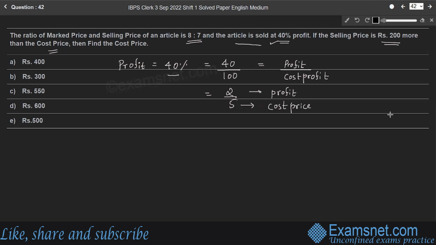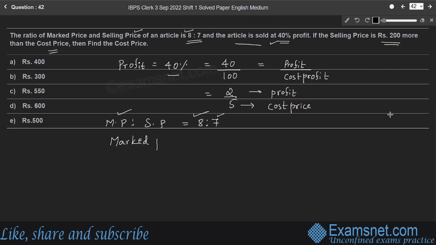And it is also given that market price to selling price of an article is 8:7. That means for 8 units market price, selling price is 7 units. So together we can write market price, selling price and cost price.